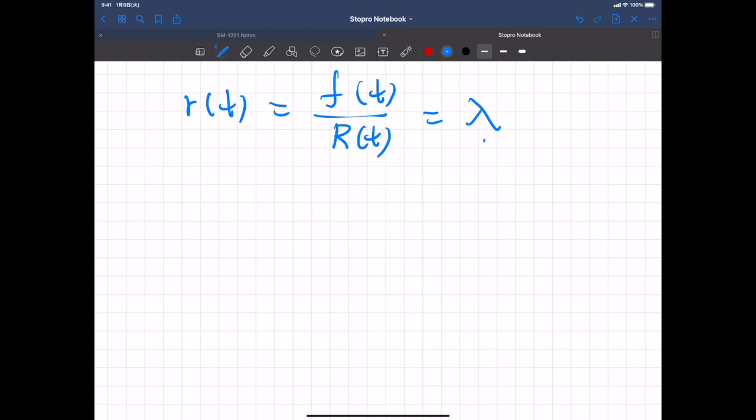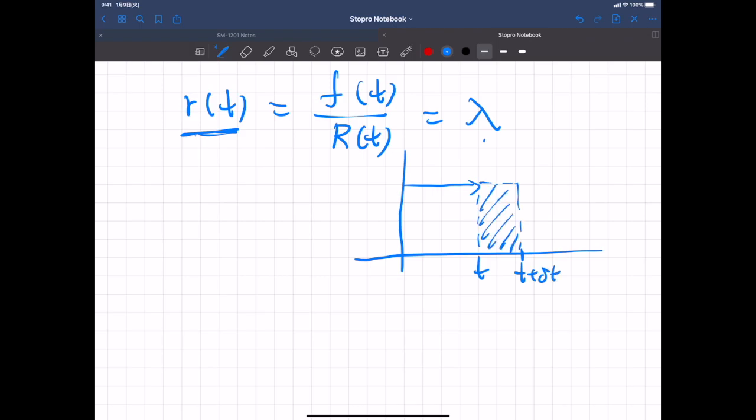Now let's recall what the meaning of this failure function was. So it was basically the probability that the light bulb survived up to time t. Okay, then after that, it will fail by time t plus delta t. So that's the meaning of this failure function. So this probability is constant in the present assumption.